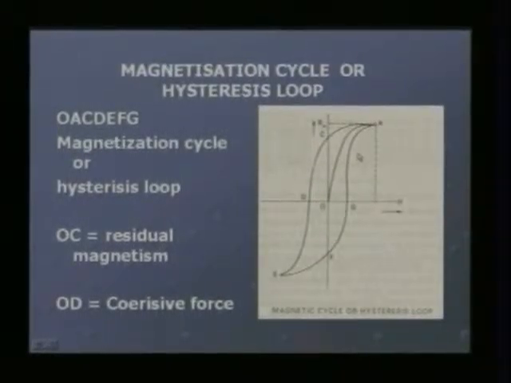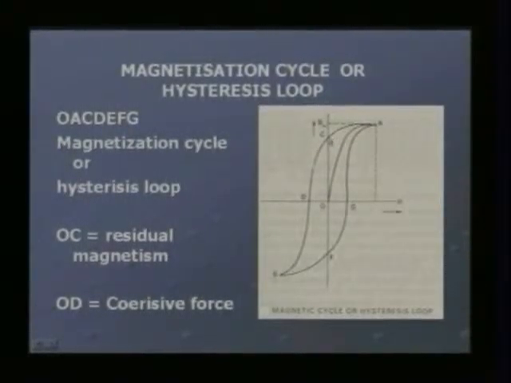When the magnetizing force is increased from 0 to H, a BH curve OA is obtained. If H is reduced to 0, the curve should not follow AO, but that is AC.